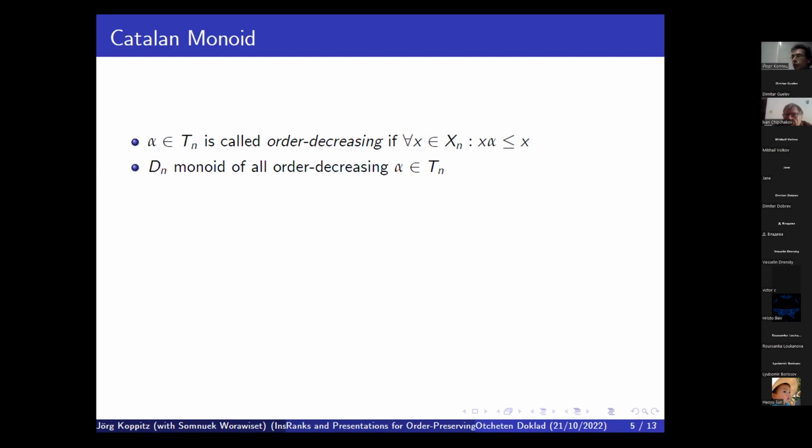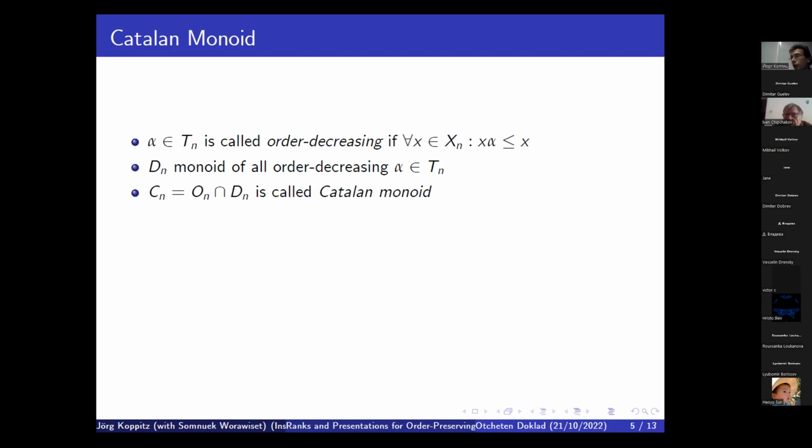That forms a monoid of all order decreasing transformations on X_n. And now we consider the following semigroup: the intersection of all order-preserving transformations and the monoid of all order-decreasing transformations.